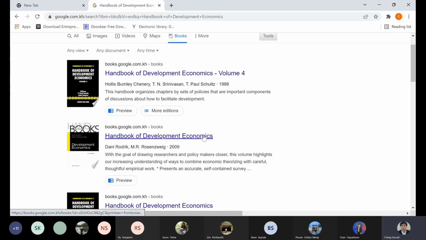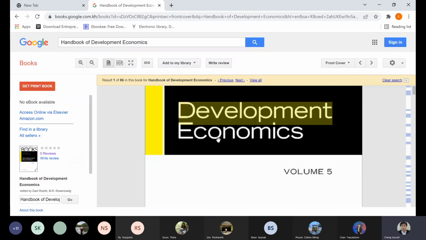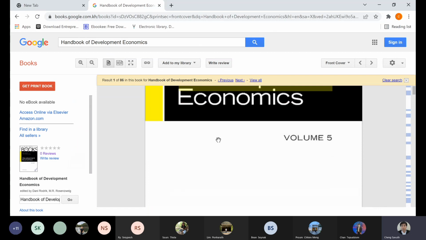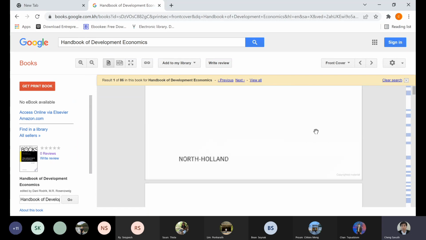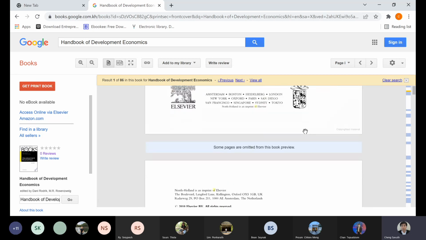So if you want to know the latest discoveries or new ideas about how development issues are being handled, reading the handbook is one of the things you want to do. However, the book is very technical. So far they have published several volumes, and the latest one is volume 5, published in 2010, I think.